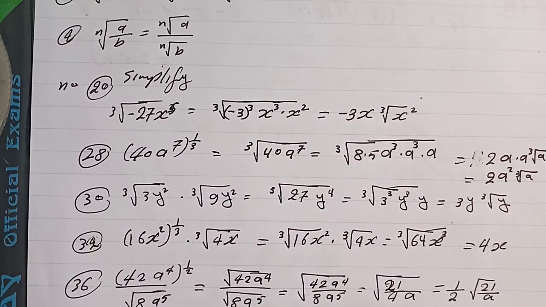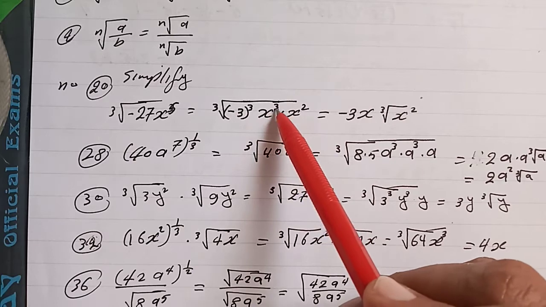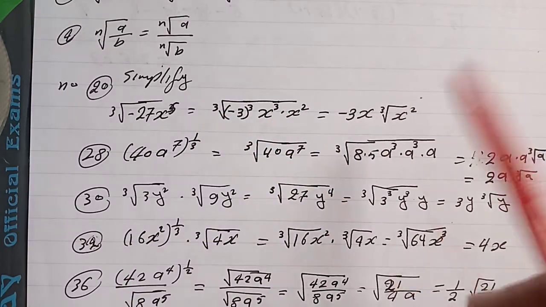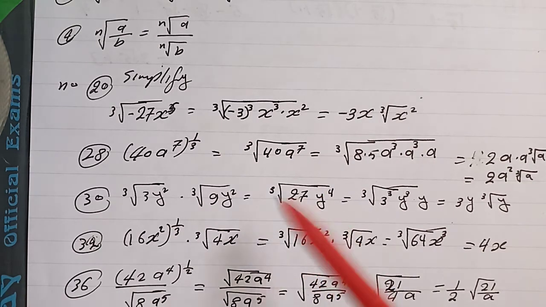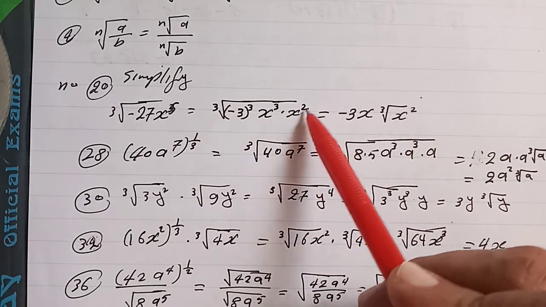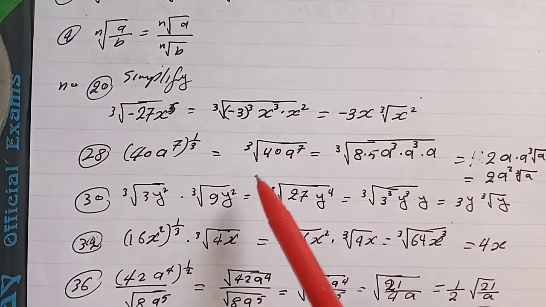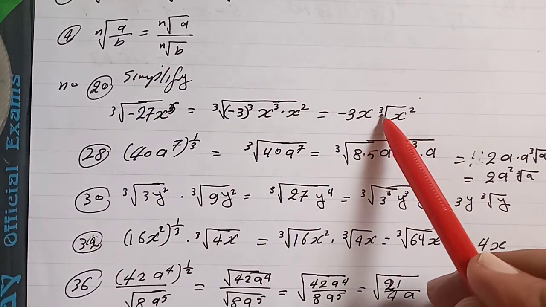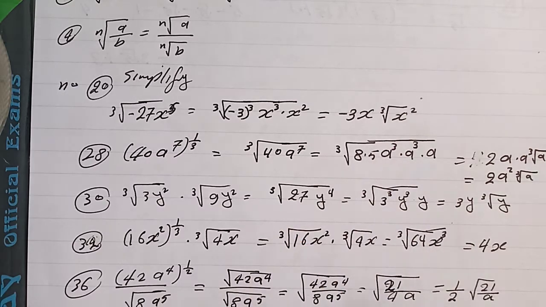It will be negative 3. And also x to the power 3, the 3 will cancel the root, so it will be only x. But x squared will stay under the root because this square cannot cancel the rank of the root.